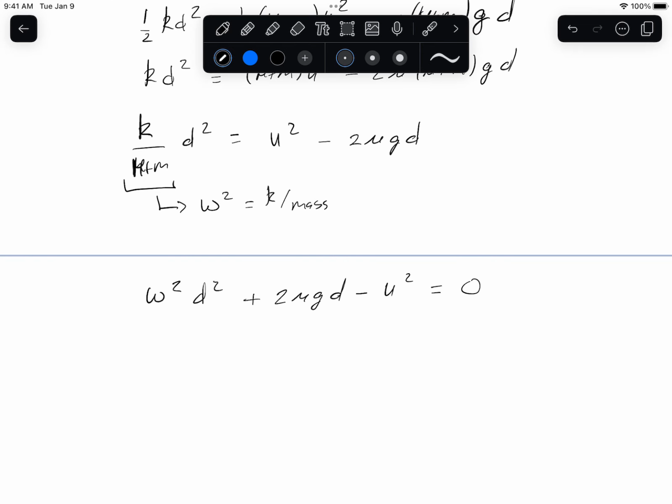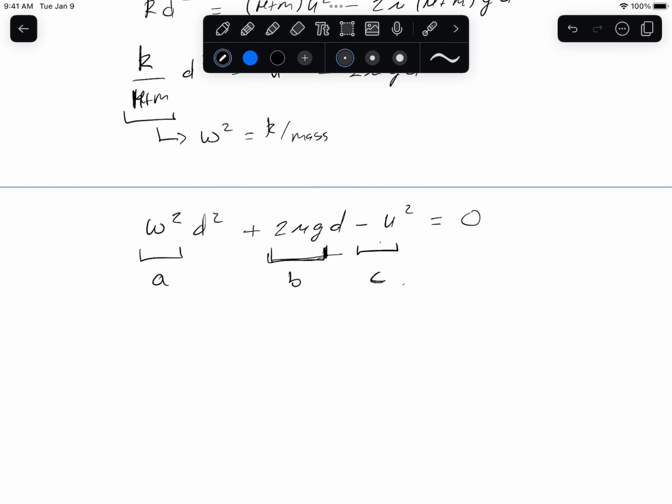And what's this? This is a quadratic equation for d, right? So this is a quadratic equation for d, where this is playing the role of A, just this part is playing the role of B, and then minus u squared is playing the role of C. And so we can go ahead and plug into our quadratic formula, d is equal to minus B plus or minus the square root of B squared minus 4AC, divided by 2A.